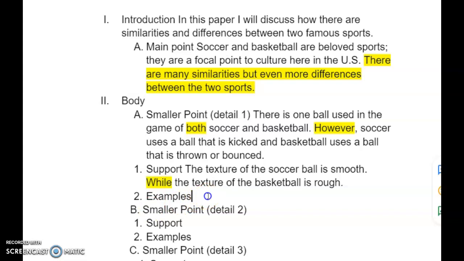Okay. An example could be, maybe it's a game that you saw, like a game that Kobe, he's famous, right?